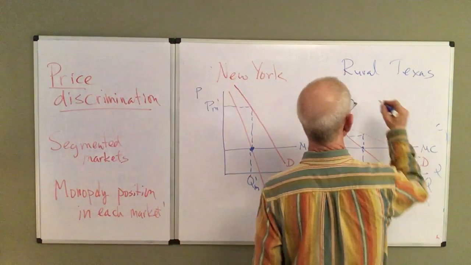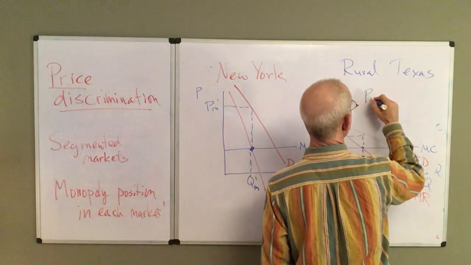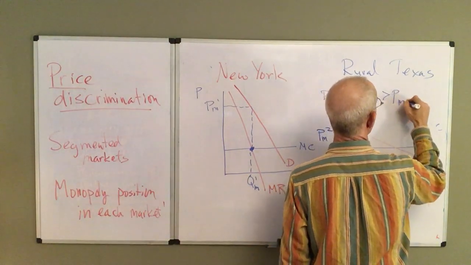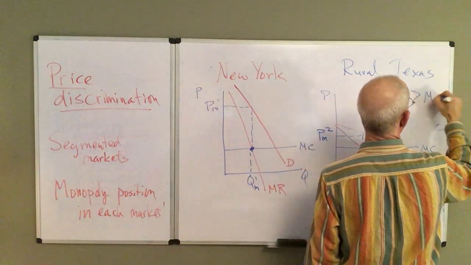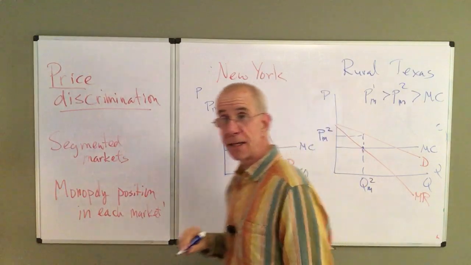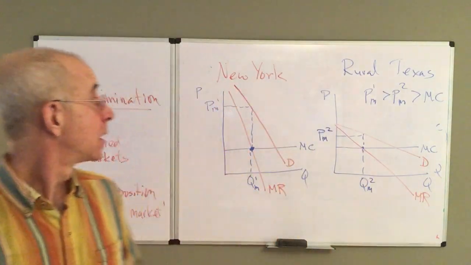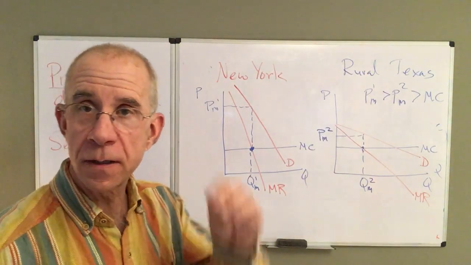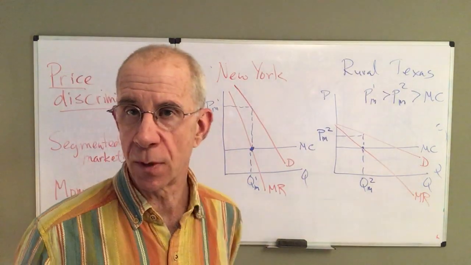And so we have this easy comparison where price exceeds marginal cost in both markets, but where you have higher final prices in the market where there's more inelastic demand.